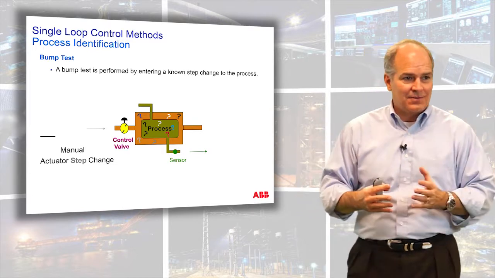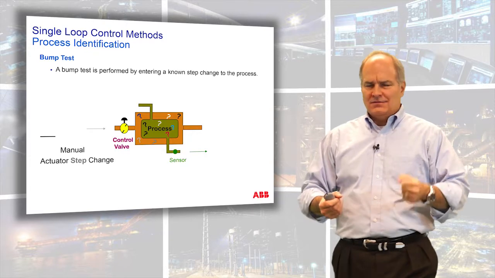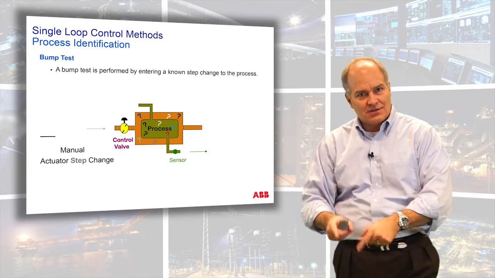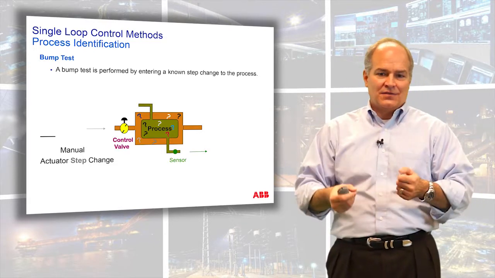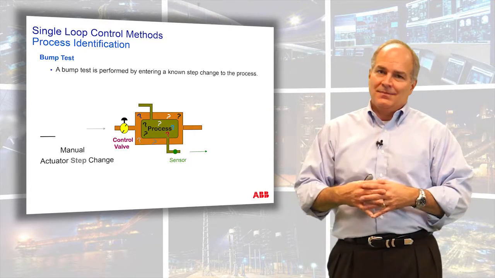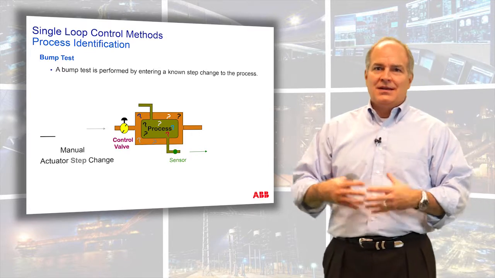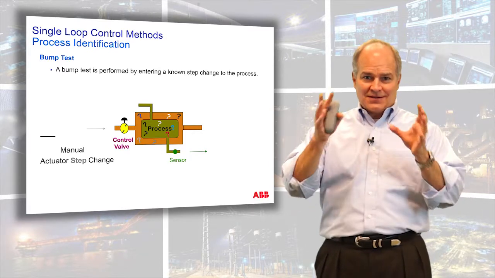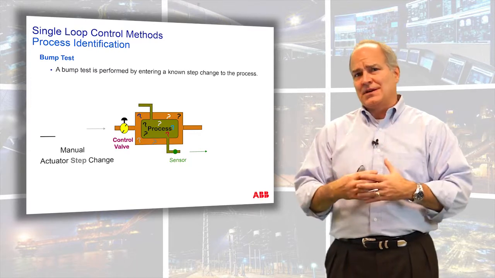I had another example where the operator said, well, this is the control valve that we move. Well, he was moving it, and I was looking, and I said, well, that goes down into the basement. Let's go look. Somebody had cut that line off. He had been adjusting an actuator that never went anywhere. He was very embarrassed. And he said, well, no wonder nothing's happening. Processes change all the time. Take a minute to walk outside, if it's safe, to look at the control plant and the actuation device, and do a visual inspection of the actuator.